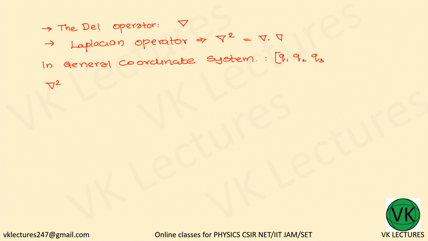These are the coordinates, and the metric elements are h1, h2, h3, and the bases are q1 cap, q2 cap and q3 cap. Now we may not require this q1 cap, q2 cap. These are vectors, while del square is nothing but this gives you a scalar quantity.